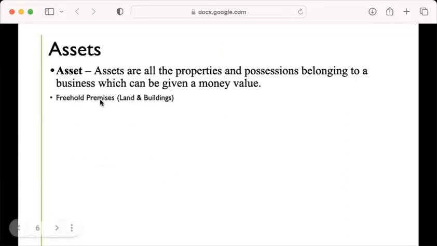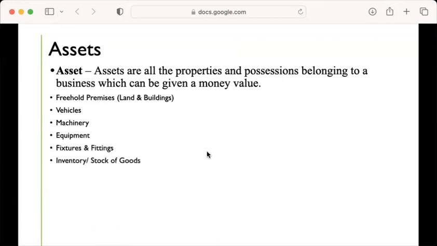So as I said, assets are all the properties and possessions belonging to a business with a money value. That can be premises like buildings, vehicles, machinery, equipment, fixtures and fittings, and inventory. Inventory means the stock of goods that we have, the goods that we are dealing with, selling.